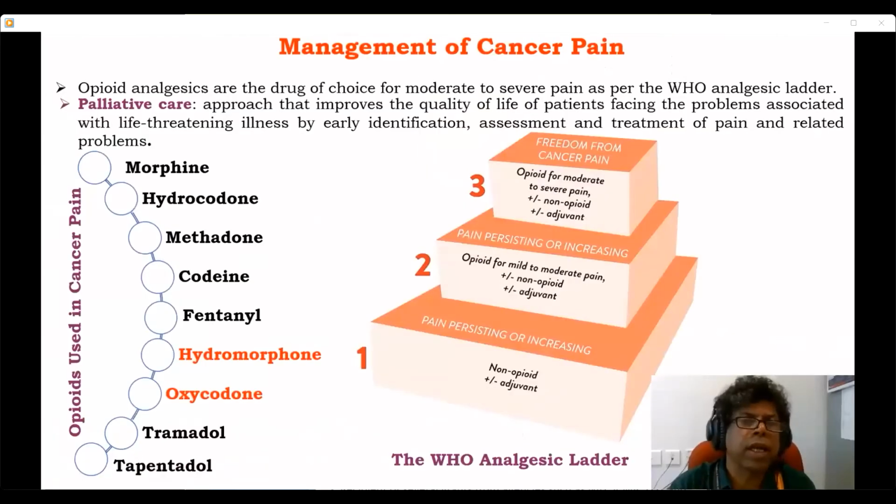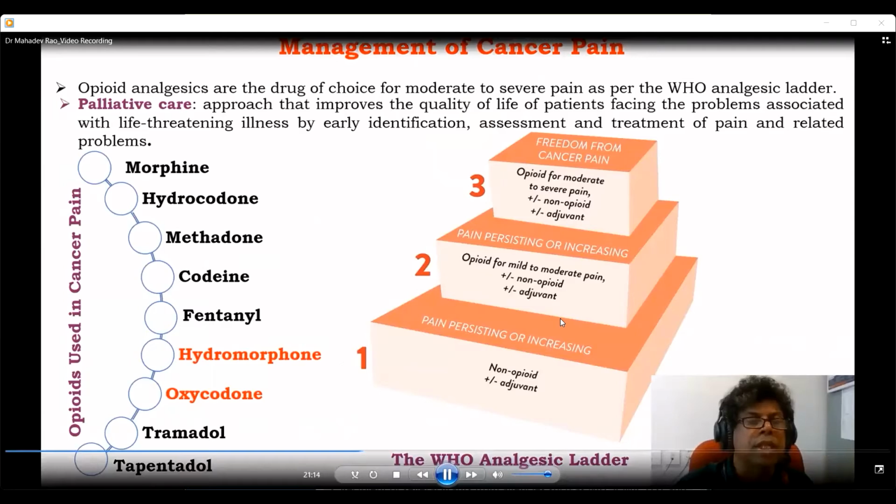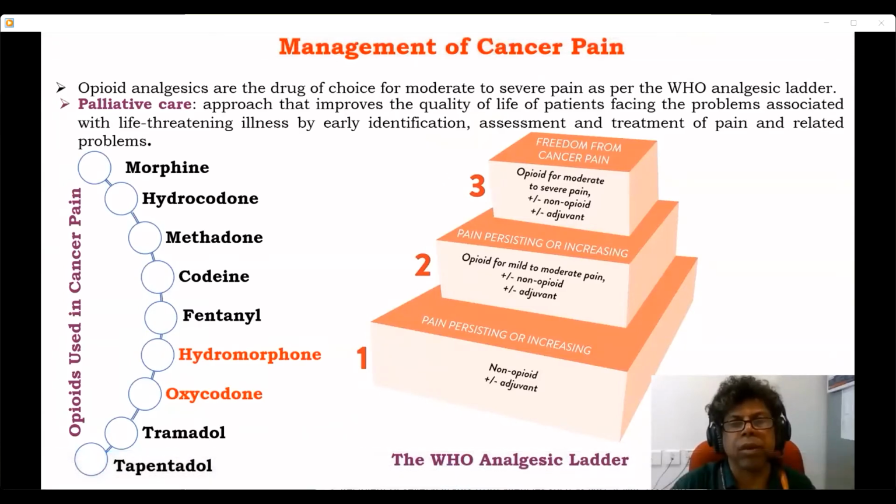One important area is managing pain in cancer, which is very challenging and time consuming, and we need to do a lot of trial and error. Opioid analgesics are the drug of choice for moderate to severe pain as per the WHO analgesic ladder. You probably all know this ladder for the drugs used in cancer pain.